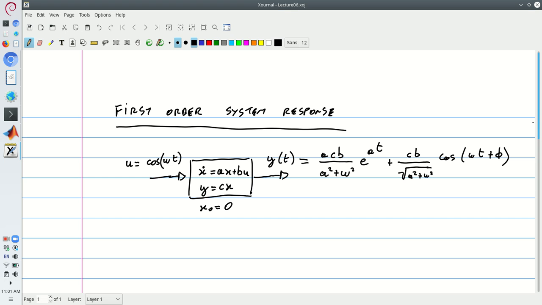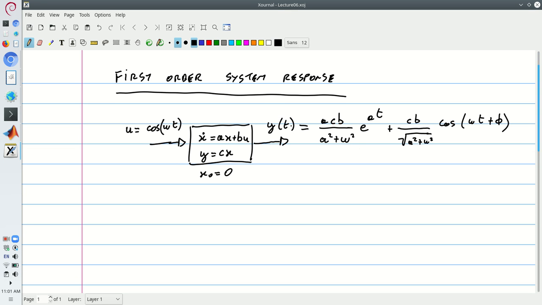So what we found is that the forced response is given by a transient term, transient if a is less than 0.